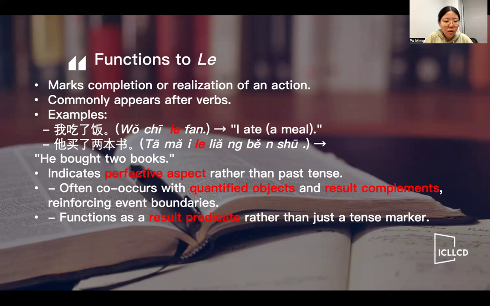For le, it's more like a perfective aspect marker than a past tense marker, and it often co-occurs with quantified objects and result complements, reinforcing the event boundaries. So it usually means the action has totally completed and is not going on. So it functions as a result predicate rather than just a tense marker. As we mentioned before, it's more like a perfective aspect marker than a tense marker.